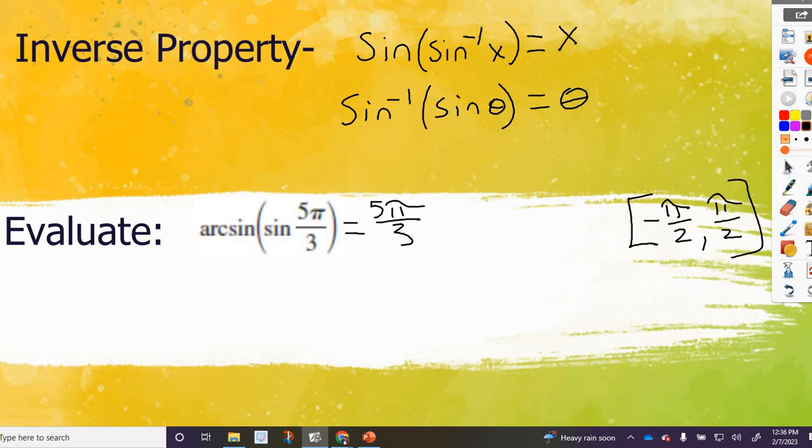Negative pi over 3. That's it. Let me just say negative pi over 3 instead. Yay. So that's going to be the hardest part, really, with any of these, is just checking to make sure that your answers are within the correct interval.